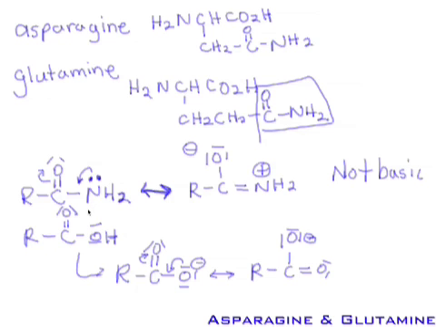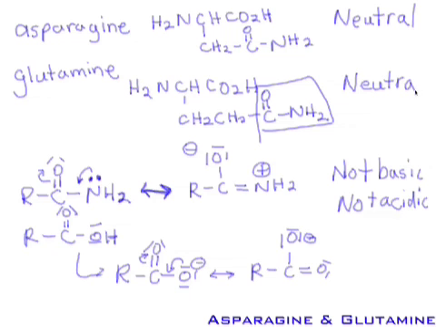The fact is, nitrogen's just not electronegative enough, even with the resonances, to make it even weakly acidic. So again, not acidic. This means that asparagine and glutamine are neutral amino acids.